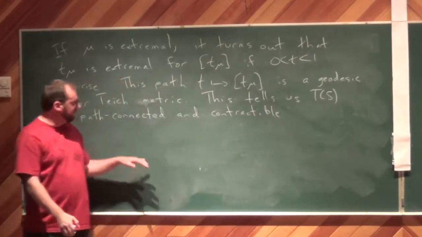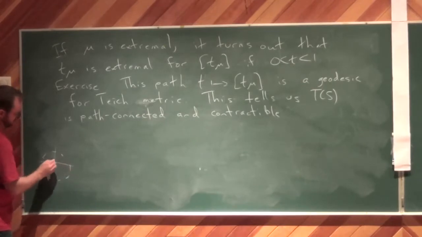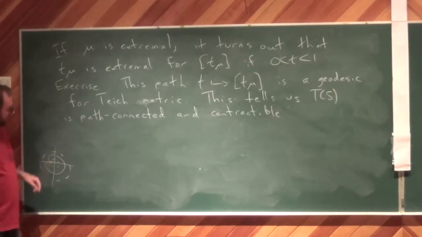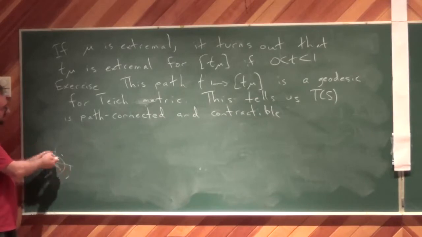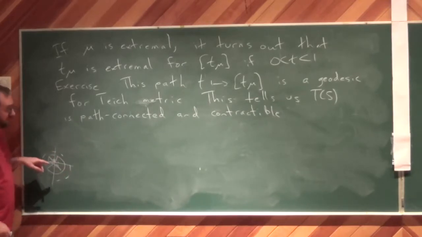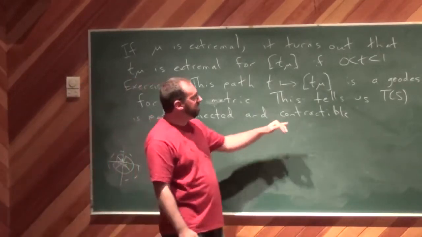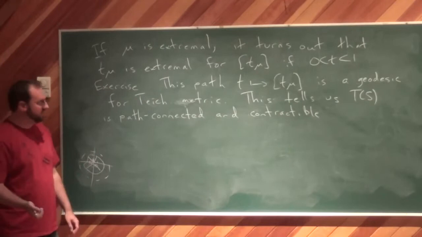So when I drew that picture here, representing Teichmüller space as something in the space of quadratic differentials that looked like this, this wasn't too far away from an accurate picture, in that it's contractible and we can shrink it down to one point, and there aren't any holes. And in fact, when the dimension of our Teichmüller space is finite, our Teichmüller space is homeomorphic to a unit ball in the corresponding dimension.